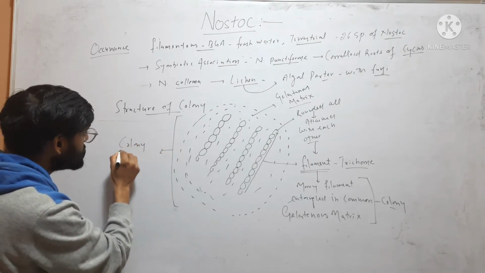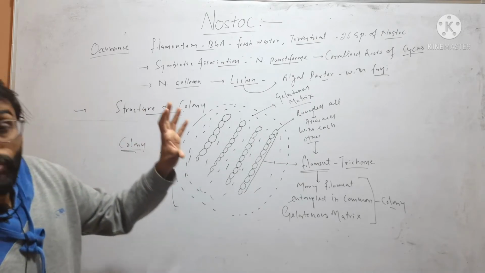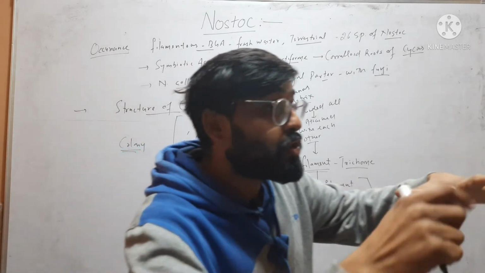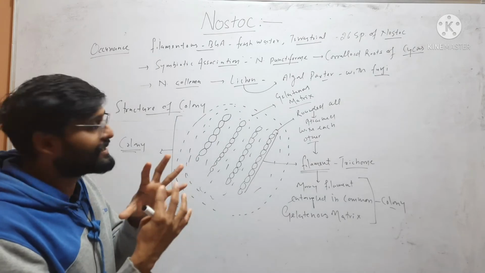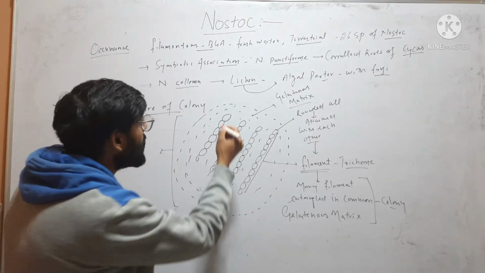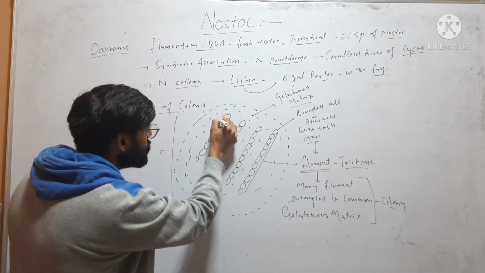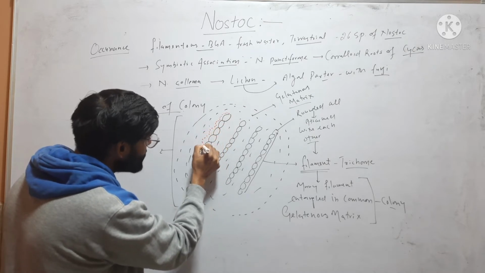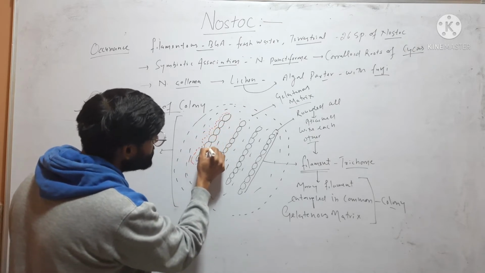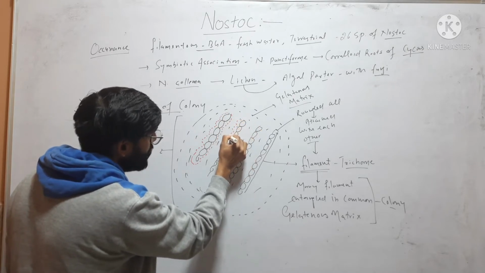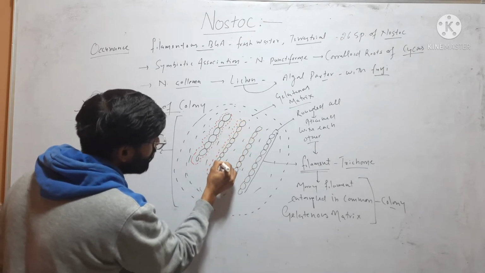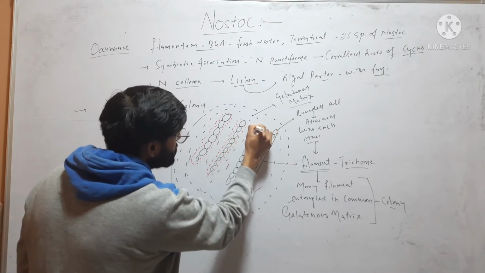So this is the structure of the colony of Nostoc. There is a common gelatinous matrix, and inside it many filaments are entangled, and besides the common gelatinous matrix, each filament also has its own gelatinous matrix.